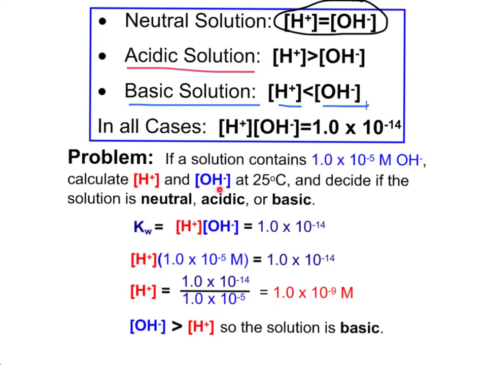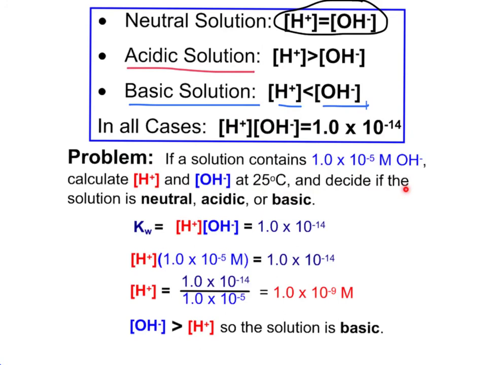We don't actually need to calculate that because we're given it at 25 degrees C. Now, when we talk about kW, we're talking about 25 degrees C. If we alter the temperature, then that constant is not the same. It does not hold. It is only true for 25 degrees C, room temperature, and that's it. So we're going to do this at 25 degrees C, and then we're asked to decide if this solution is neutral, acidic, or basic. So let's do that.